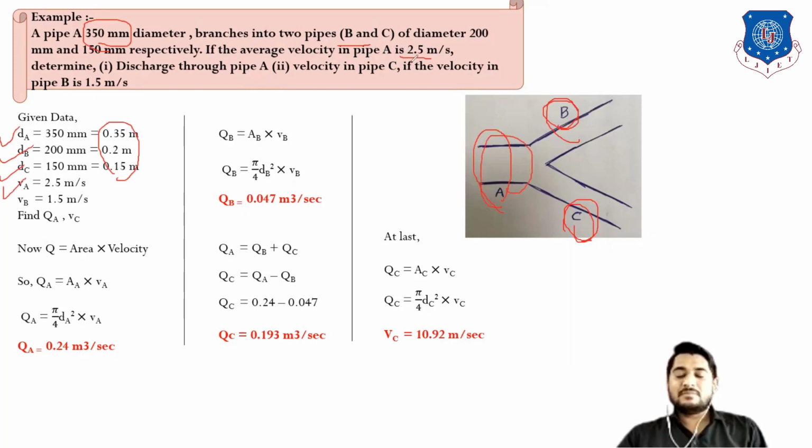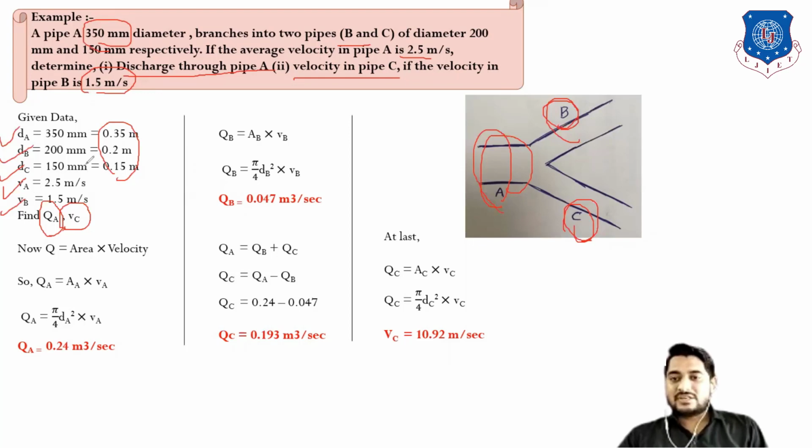Velocity in meter per second is SI unit. Then determine the discharge through pipe A, that means Q of A, and the velocity of pipe C, that means velocity of C, if the velocity of pipe B is given as 1.5 meter per second. So velocity of B is 1.5 meter per second.